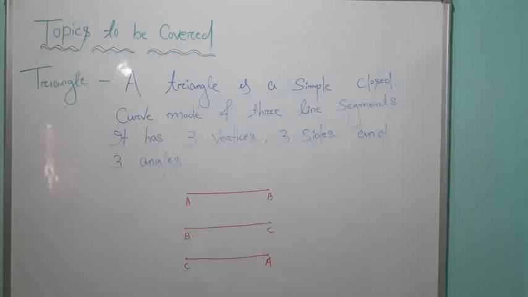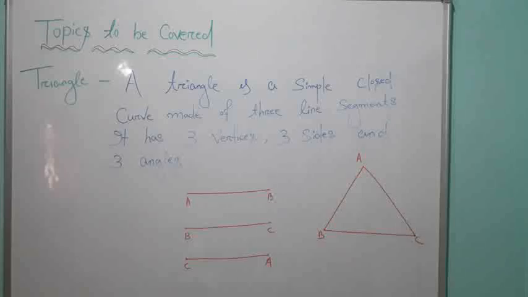Here we have three line segments AB, BC and CA. We have to make a triangle with these line segments. See here, by using these three line segments, we make here a triangle. This is a triangle whose name is ABC triangle. We will write its name as triangle ABC.